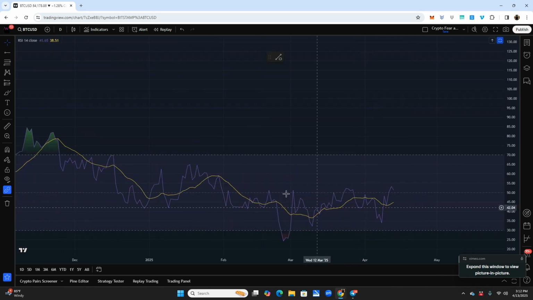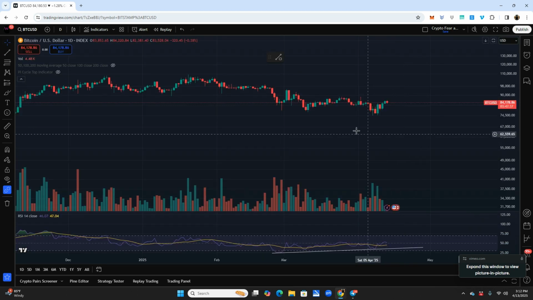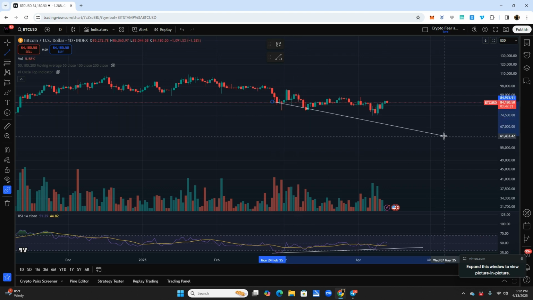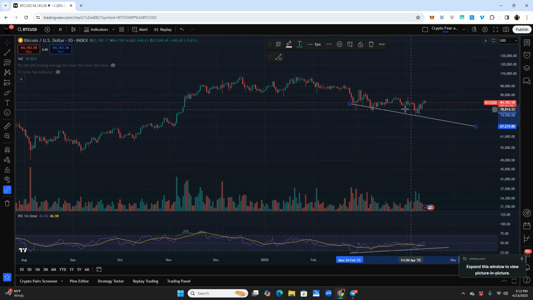Smaller time frames, you can catch divergences. So for example, price has been going down as the indicator was going up, and that's how you can kind of see that price is going to reverse here pretty soon.